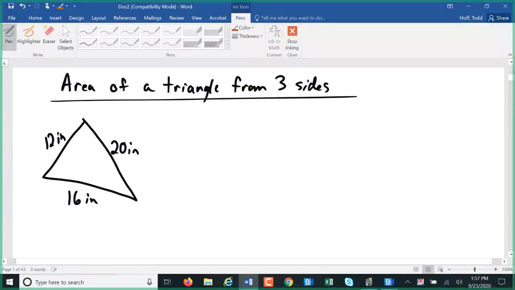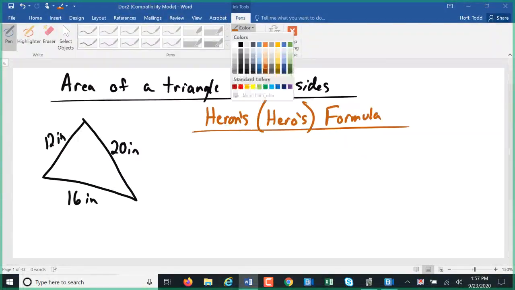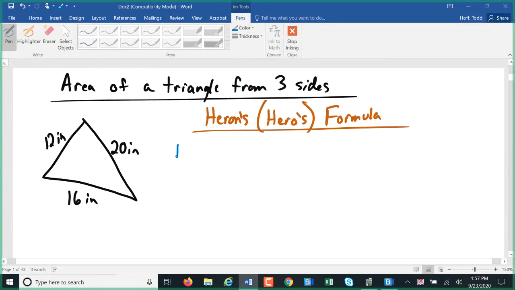Well, a Greek mathematician by the name of Heron invented something called Heron's formula, sometimes referred to as simply Hero's formula, for finding the area of a triangle from just its sides. So he used the perimeter.